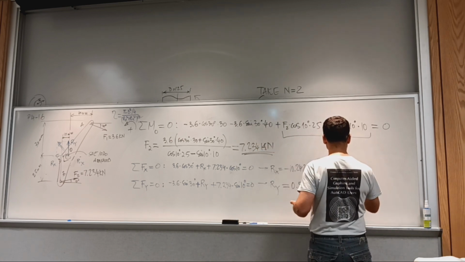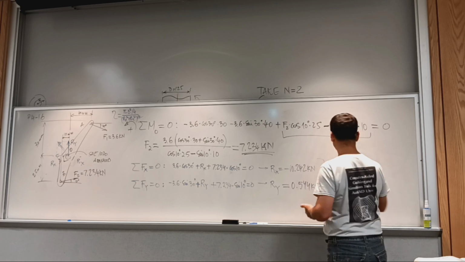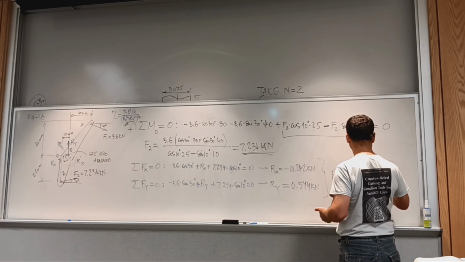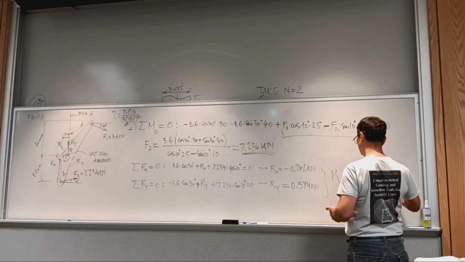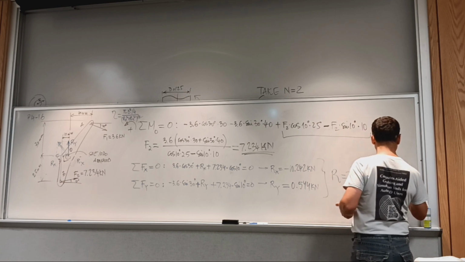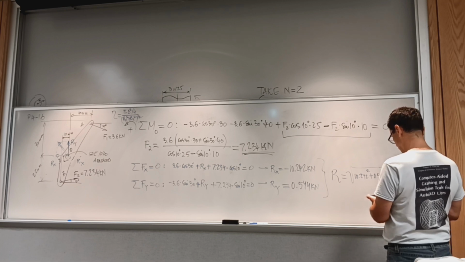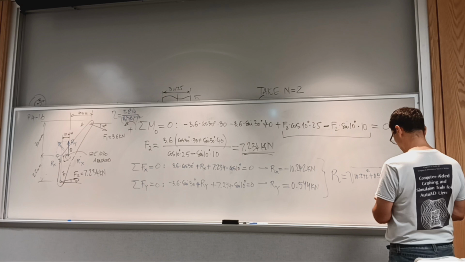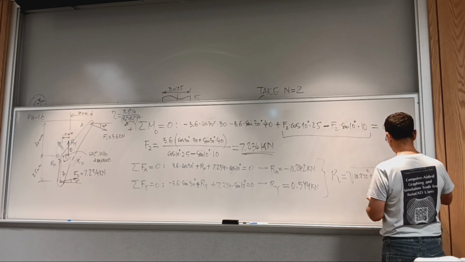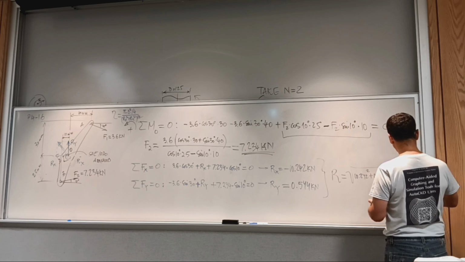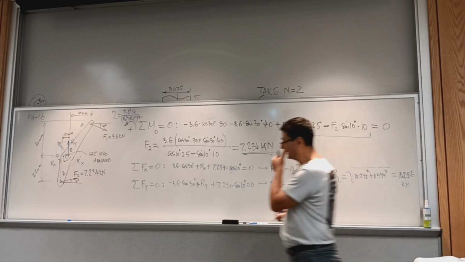So R is going to be the square root of what? 10.242 squared plus 0.544 squared, take the square root. So this is 10.256 kilonewtons.